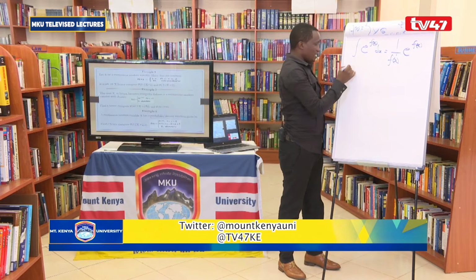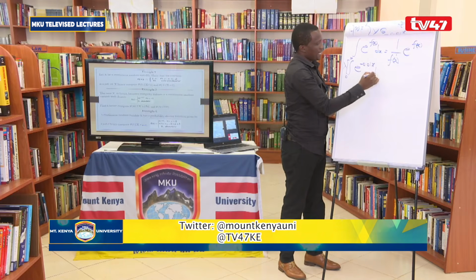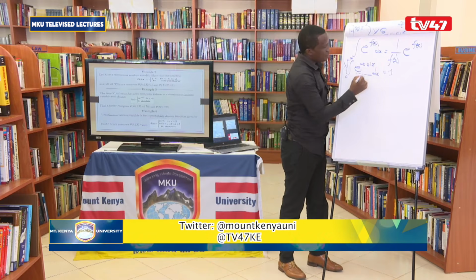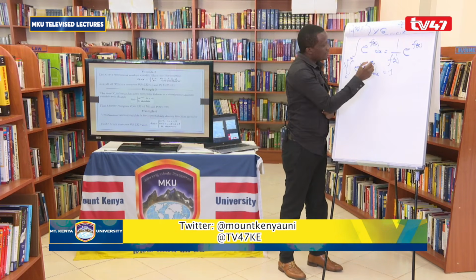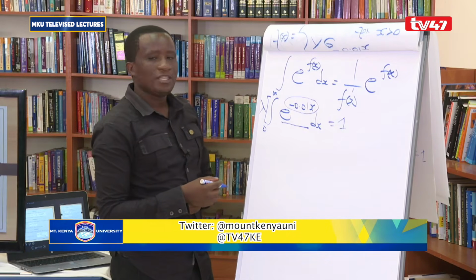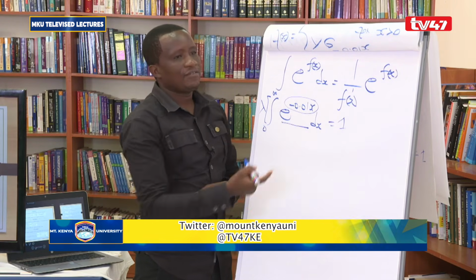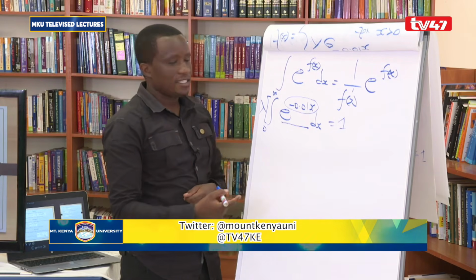So in our case, we had the integral from 0 to infinity, lambda, which we factored out, exponential negative 0.01x dx equal to 1. To integrate this exponential function, we differentiate the power of the exponent with respect to x, because the derivative of 5x is 5, so the derivative of negative 0.01x is negative 0.01.